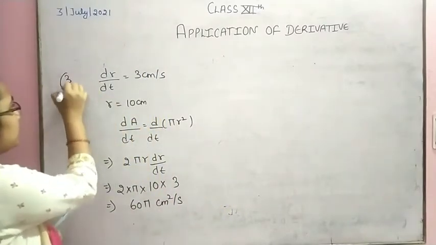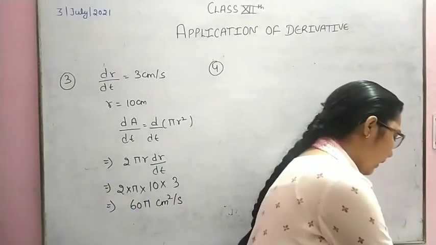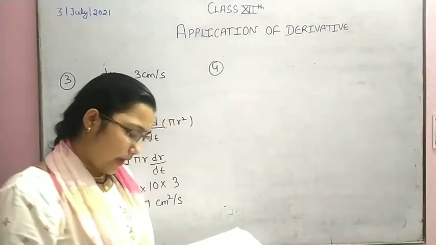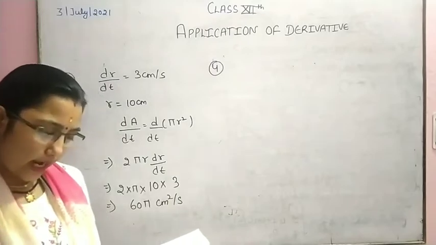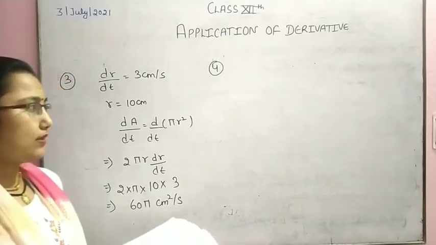Now the next question, question number 4. An edge of a variable cube is increasing at the rate of 3 centimeter per second. How fast is the volume of the cube increasing when the edge is 10 centimeter long?